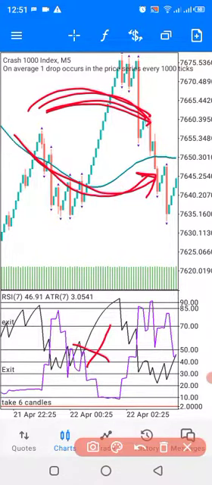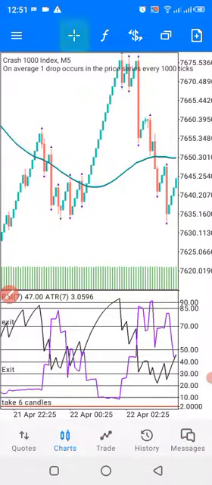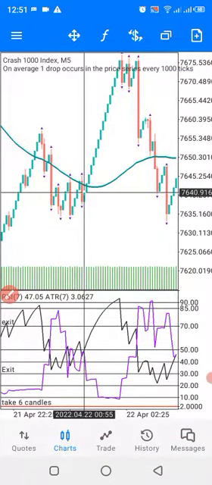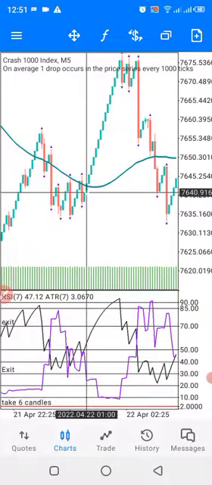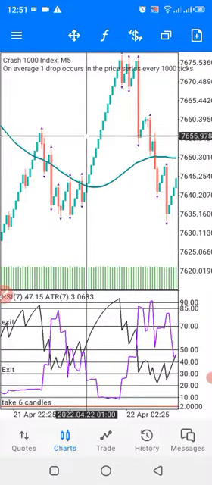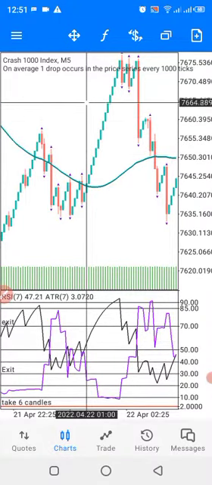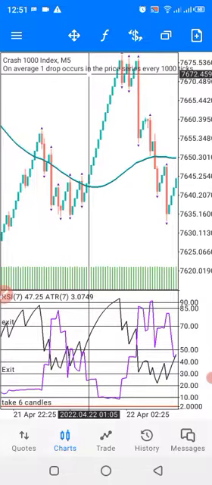And look at how many candles were taken. If you look at it very well, the crossing is between 40 and 50. Let's count the candles. 1, 2, 3, 4, 5, 6, 7, 8, 9, 10, 11, 12, 13. You can understand, 13 five-minute candles.